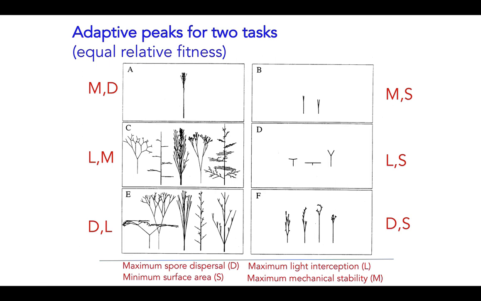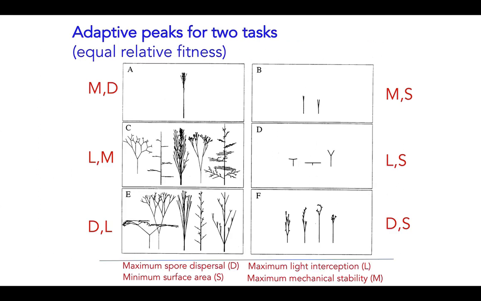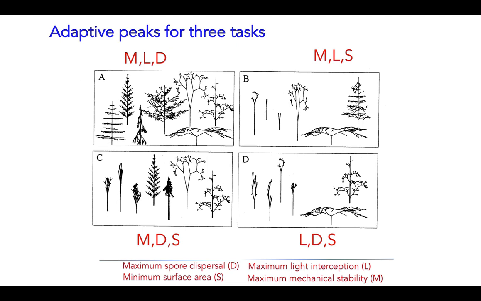Okay, so I gave you examples of adaptive peaks for one task, adaptive peaks for two tasks, but look what happens if now we ask the computer to maximize three different tasks. These are phenotypes that emerge after an evolutionary walk, an adaptive walk through this adaptive landscape, for maximizing, in this case, M, L, and D: mechanical stability, light interception, and dispersal, or down here, L, D, and S: light interception, maximum spore dispersal, and minimizing surface area.